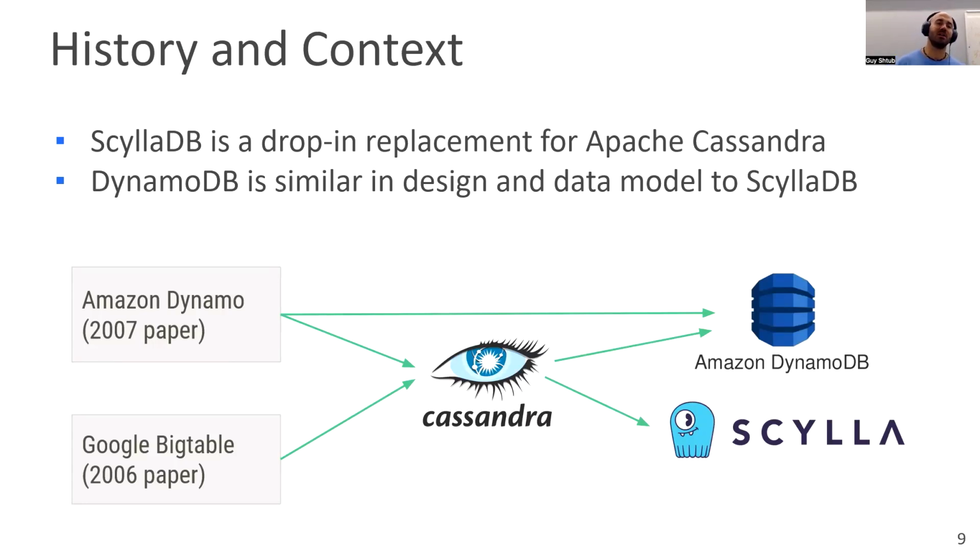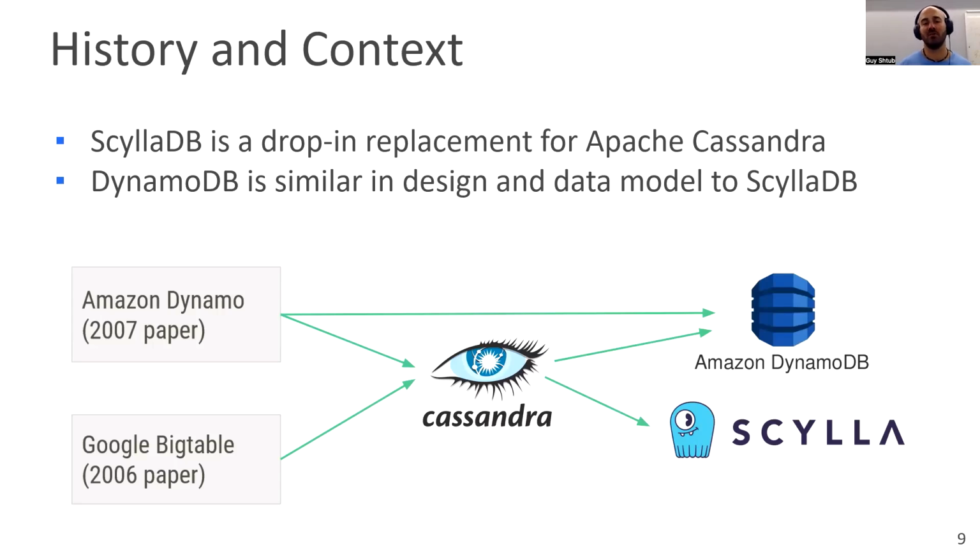Apache Cassandra is open source and it's very widely used. That's around, I would say, 2009, after those papers were published. And Amazon DynamoDB, based on the Amazon Dynamo paper, was also published around that time.